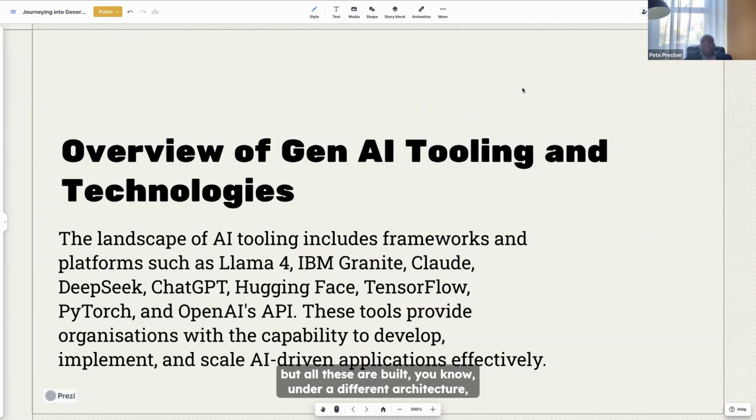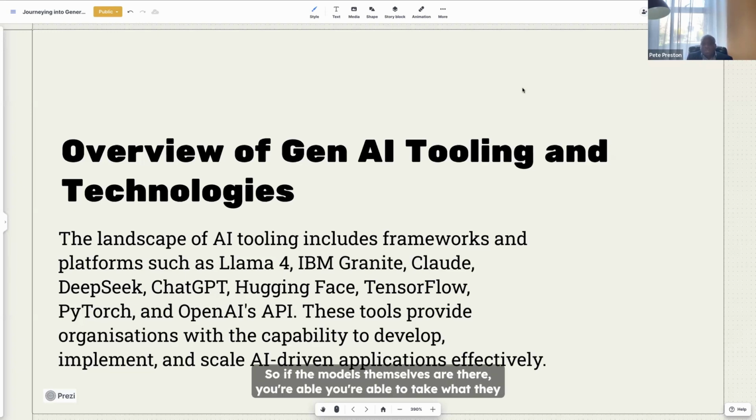But all these are built under a different architecture, like TensorFlow and PyTorch, which is a story for another day, and a lot of APIs to make all these things happen. But what the APIs also do is they can lead to things like fine tuning.